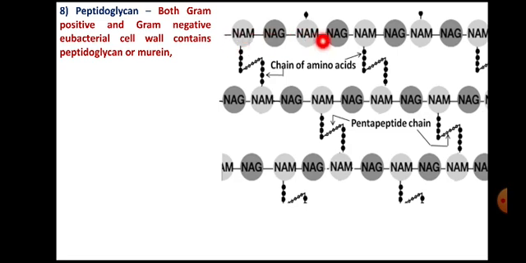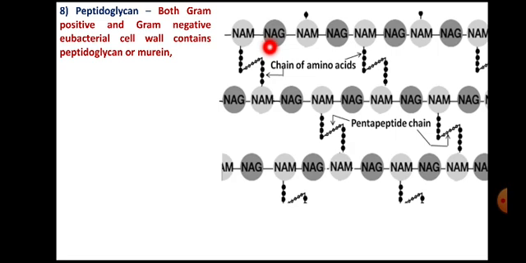This is one layer of peptidoglycan which is made up of alternating units of N-acetylmuramic acid, NAM, and NAG, N-acetyl glucosamine. Both are amino sugars.